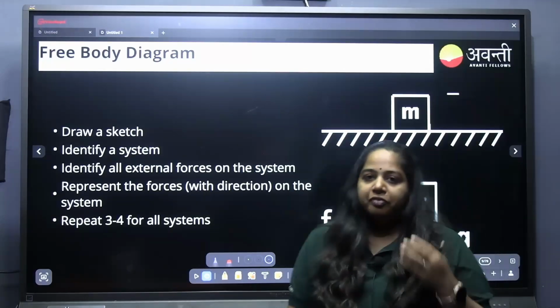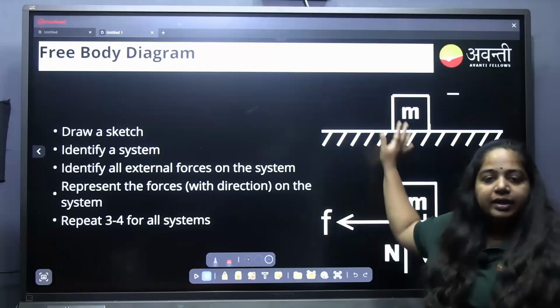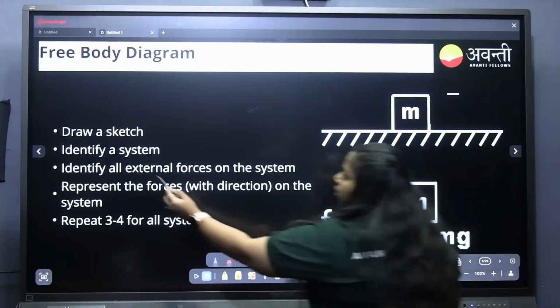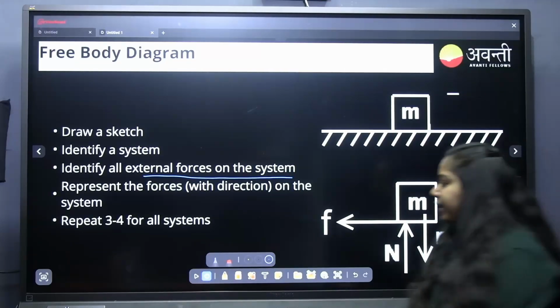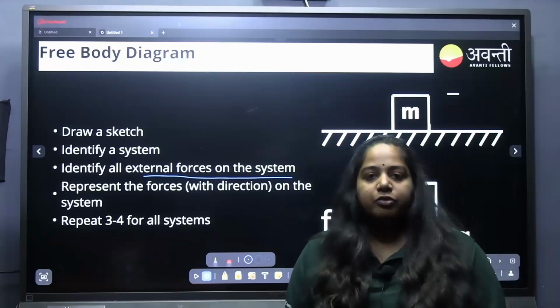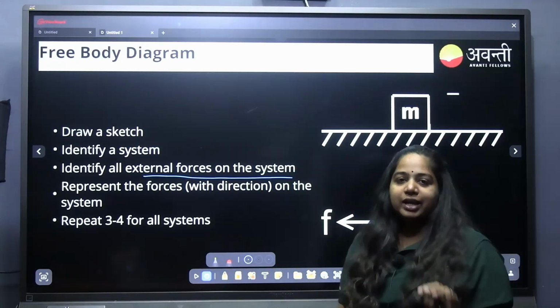Now, how to draw a free body diagram? We will be given a system, right? So draw a sketch of the system. In that, identify all the external forces on the system. There are very different types of internal forces also acting, like intermolecular forces, van der Waals forces, such things. We don't have to consider any of them.